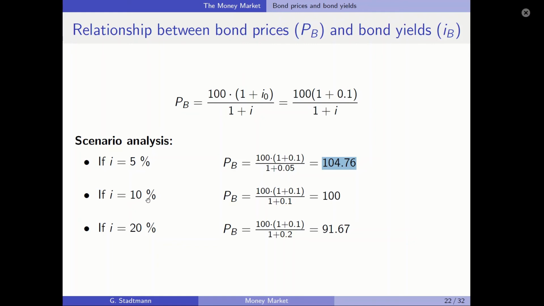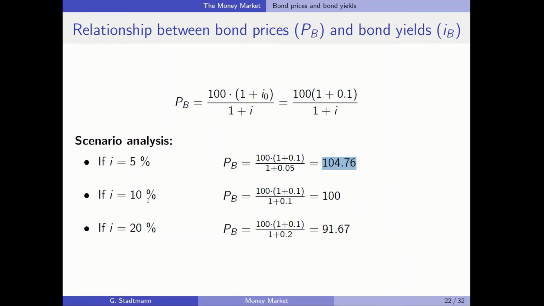In case that the new bond has a coupon of 10%, so that the coupon of the old bond and the coupon of the new bond are the same, then the two bonds have the same characteristics, and the price of the old bond will be equal to 100 euros.